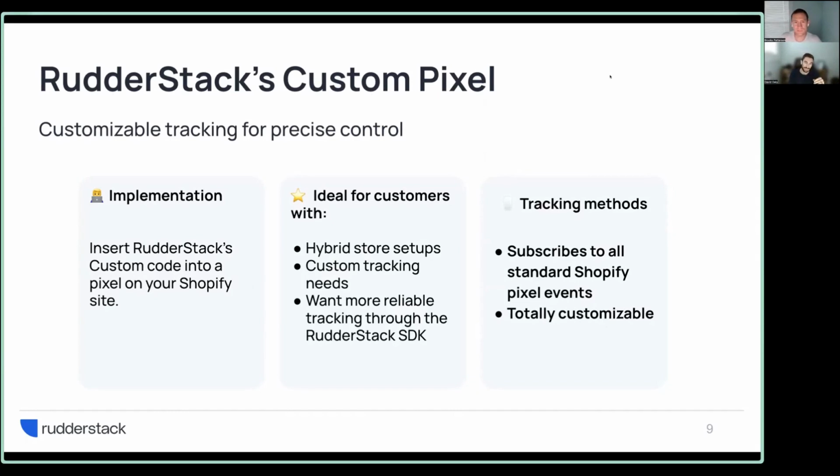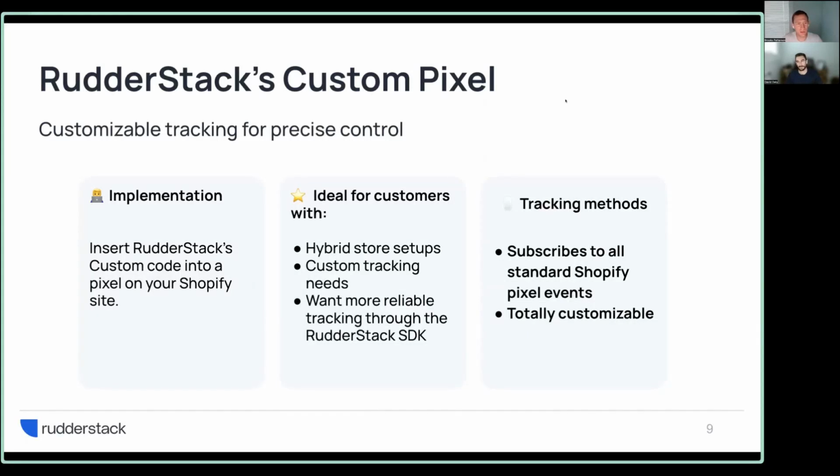However, the custom pixel, because again, it's just code that you're copying and pasting from our GitHub repo into Shopify, you have the ability to go into exactly where we're triggering the product added event and just type in add to cart and boom, it's switched. Again, super customizable. At the moment you make that custom pixel, that is your code. So you completely own it end to end. Love it.